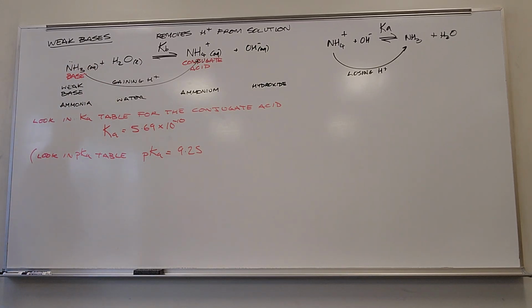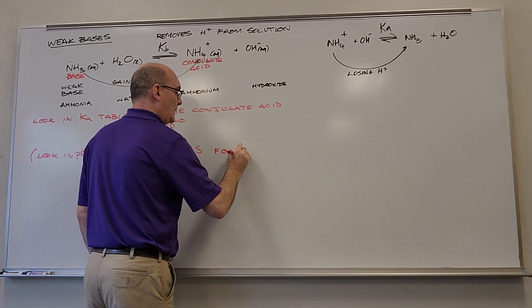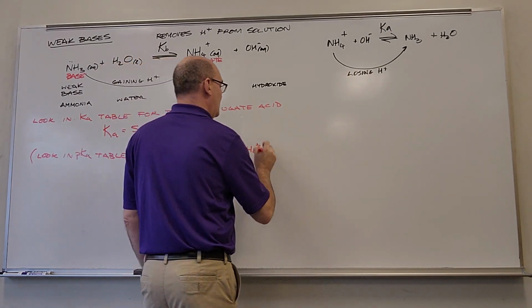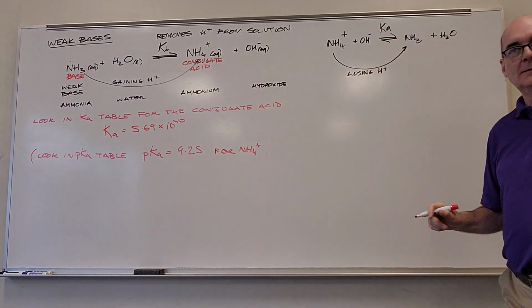If the only thing that you could find was the pKa for ammonium, you would then convert that into the Ka.